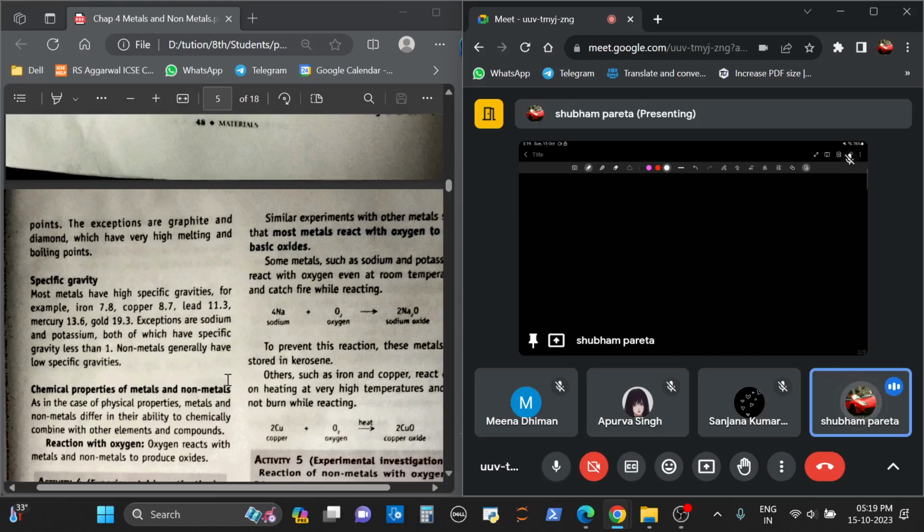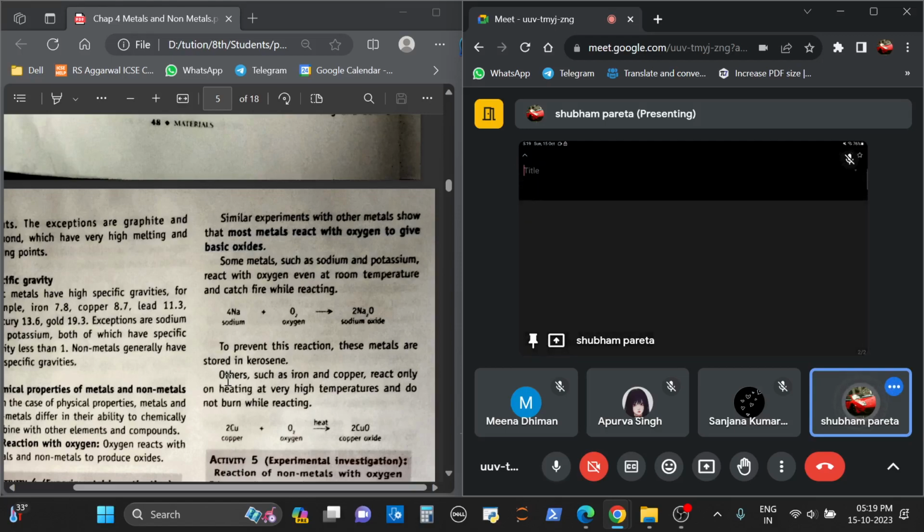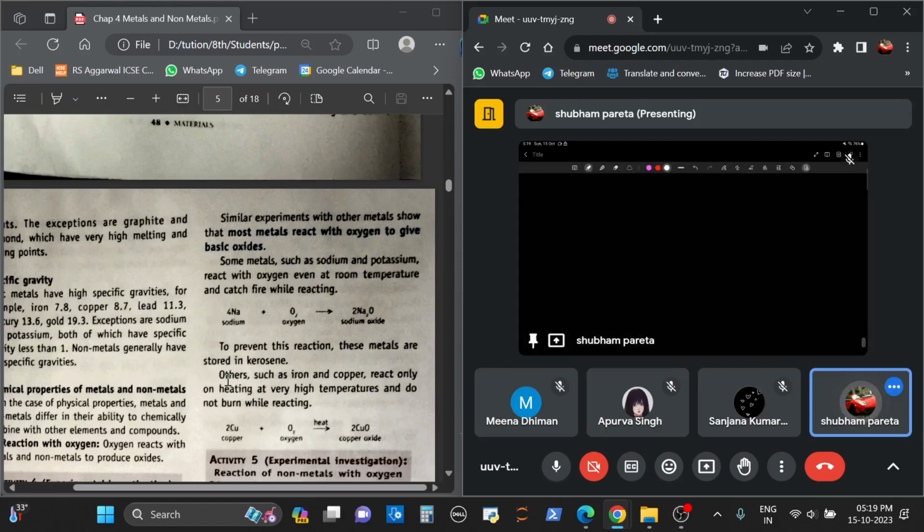But today, first of all we will see the reaction of metals and non-metals with oxygen. Most of the metals react with oxygen to form a basic oxide. So first we will see how metals combine with oxygen. This is metal plus oxygen.